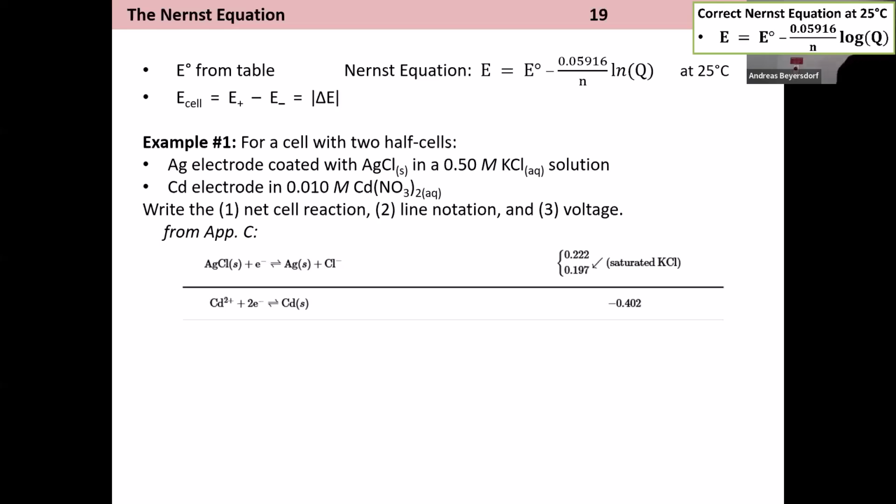So in this case, our Q isn't going to be just the cadmium 2 plus. Our Q is actually 1 over the cadmium 2 plus. That'll be 1 over 0.01. So that'll be 100. So I plug in ln of 100 into there.